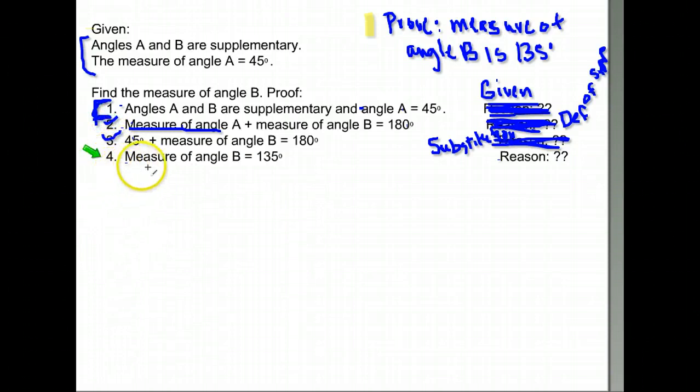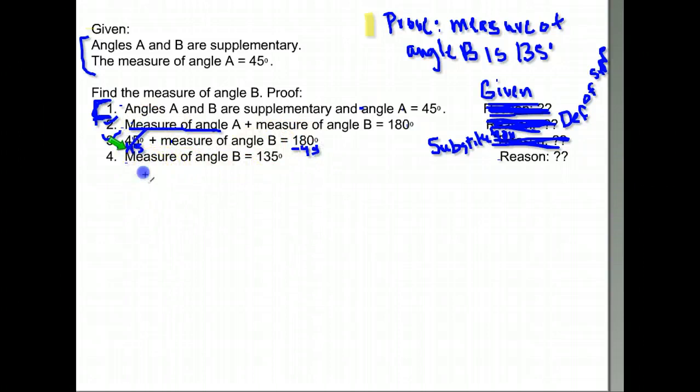Let's move on to step 4. Finally, they find the measure of angle B is 135. How did we get that? Well, the way that happened is we wanted to find the measure of angle B. It had 45 added to it, so just like we do when solving an equation, which is basically what we do here, we would subtract 45 from both sides.